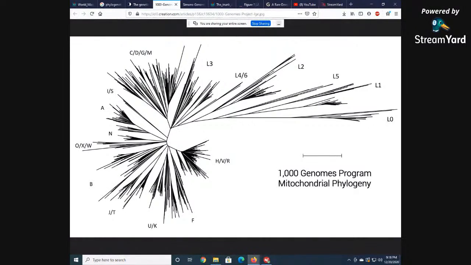The Phoenicians, everybody, they're all descendants of the L. And then you have the M's, which I believe the M's are Japhethites. And the N's seem to be the Semitic mitochondrial maternal line, the wife of Shem.